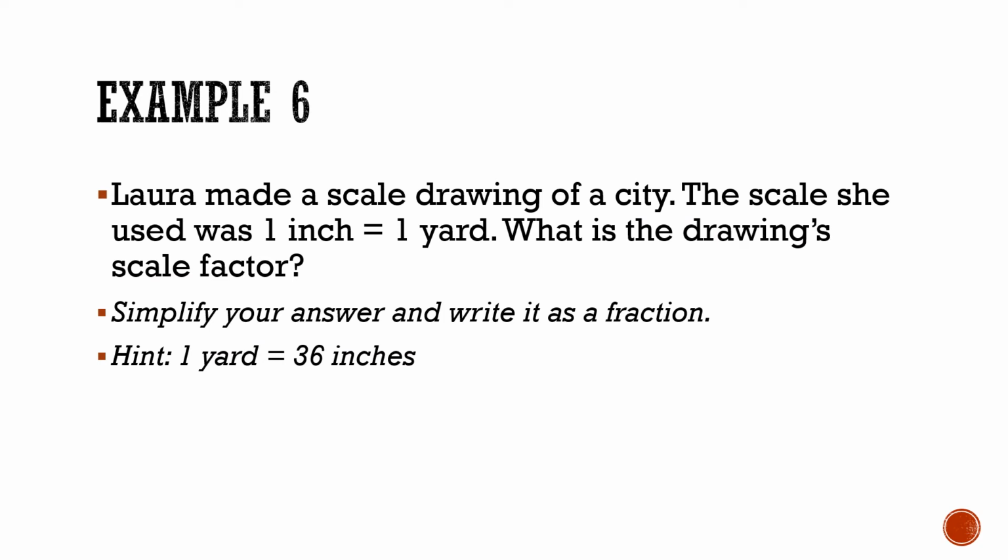Okay, make sure you write down 1 yard is 36 inches. And go ahead and pause your video and solve example 6. So the scale she used was 1 inch equals 1 yard. So we're going to write that as 1 inch over 1 yard.